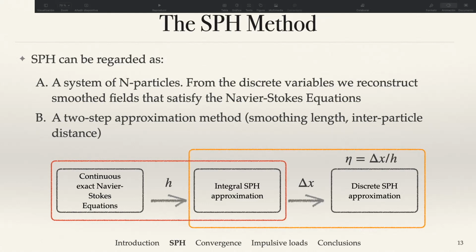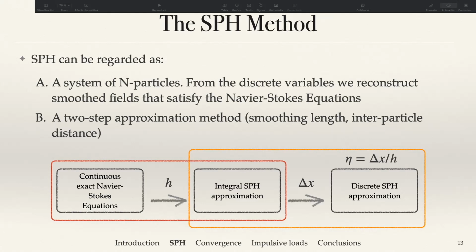This is achieved in most of the simulations that I will present by considering that the interparticle distance tends to zero much faster than the smoothing length. However, I will also present some cases and some analytical studies about the case where this ratio is kept constant. This is interesting because it is a common practice among SPH users.